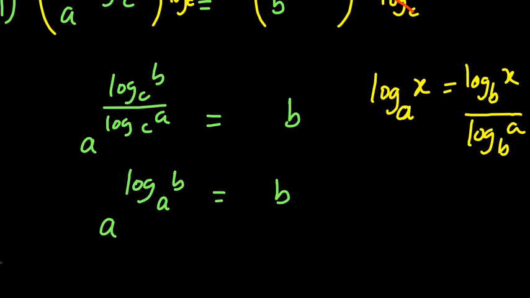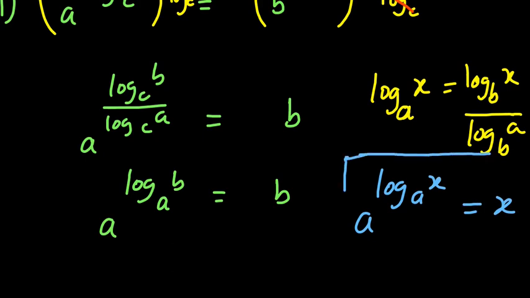So I have also showed you that a to the log a x is the same as x. Yeah, I showed you this property already. So I'm using these two properties to solve the problem, which means b is equal to b. So that's how we solve this problem.